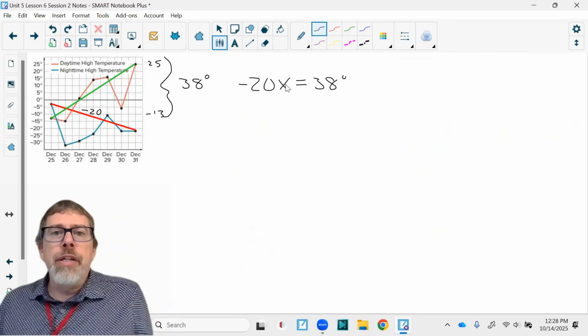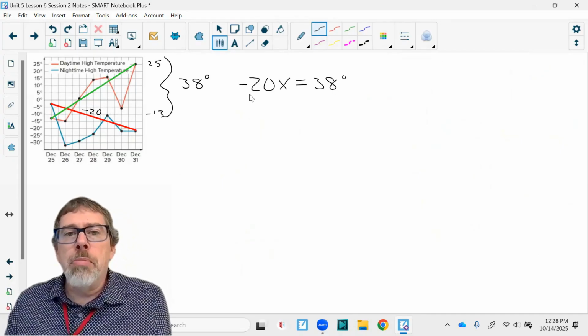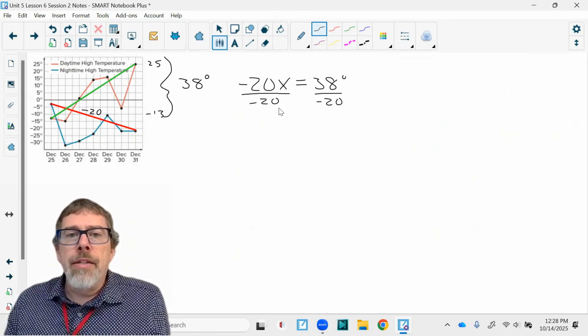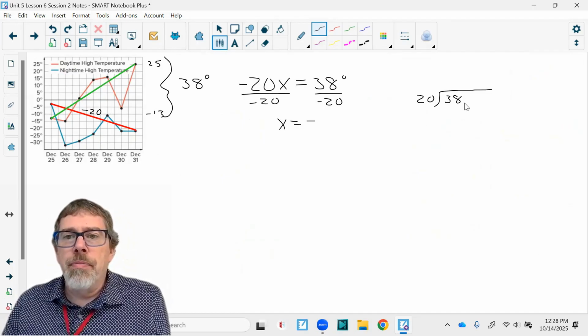So -20 times something equals 38 degrees. To get x by itself, we divide by -20. These cancel and I get x equals, okay, and I'm going to take 20 and see how many times it goes into 38. And my answer is going to be negative because a positive divided by a negative is negative.